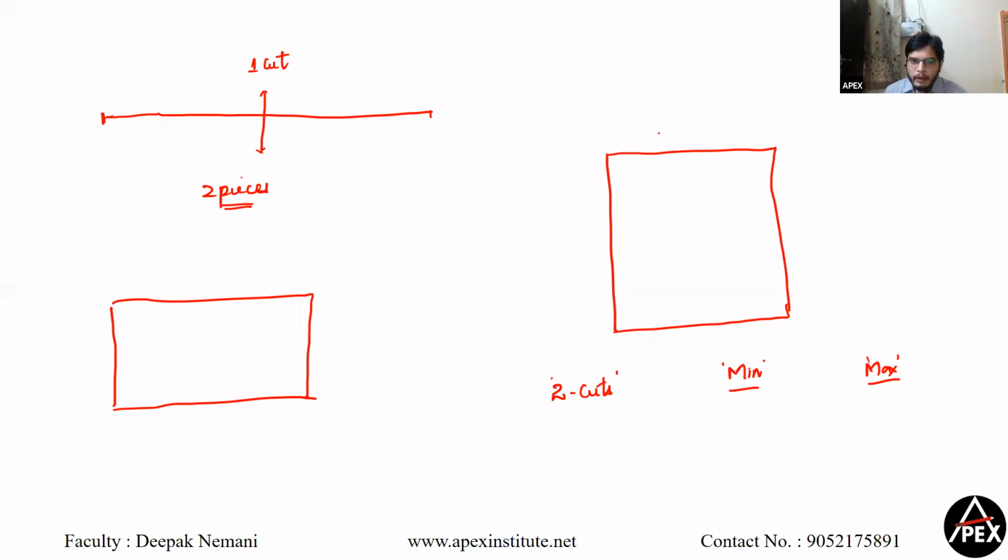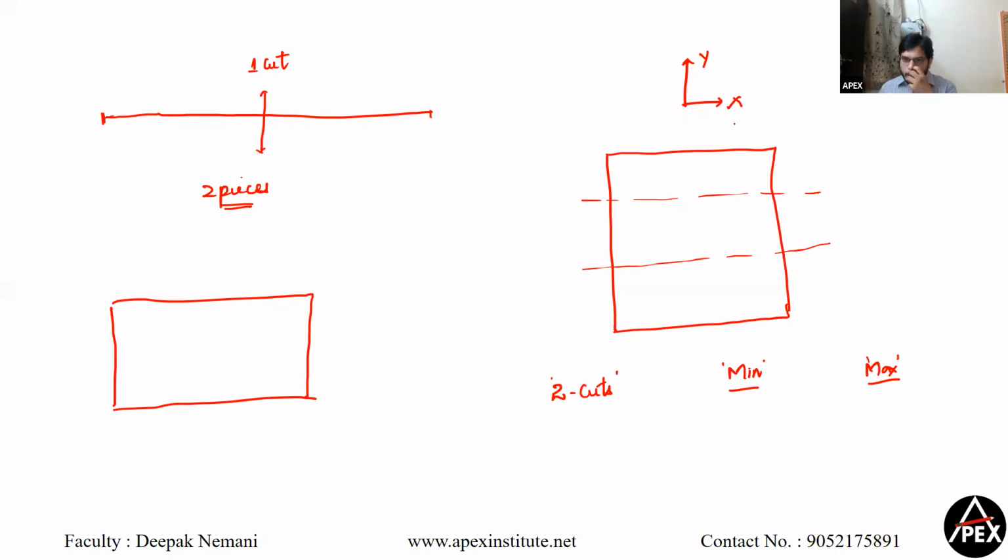So I will be cutting it like this. If I make two cuts parallelly, in the X direction, then what will I get? Minimum number of pieces or maximum number of pieces?